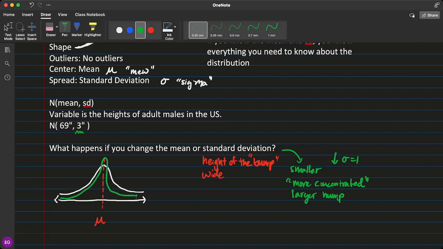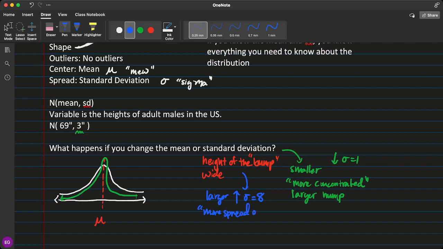It's more concentrated. What happens if the standard deviation became larger? Let's say you increased the standard deviation from 3 inches to 8 inches or something. Well, now it's going to be more spread out, because remember, standard deviation is a measure of spread.